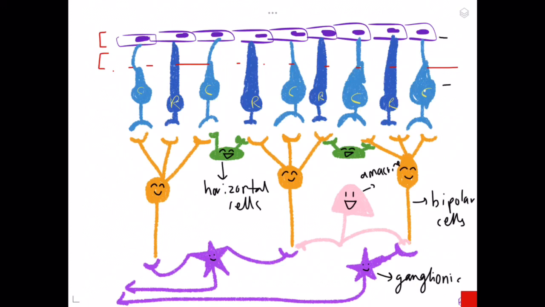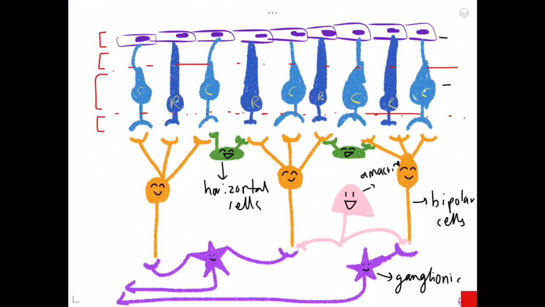And then this is where we have their nuclei, these round bodies. This is the outer nuclear layer. So this bit, this dotted line that I just drew, is the external limiting membrane, and these end foot plates, which I said, this is the outer plexiform layer.